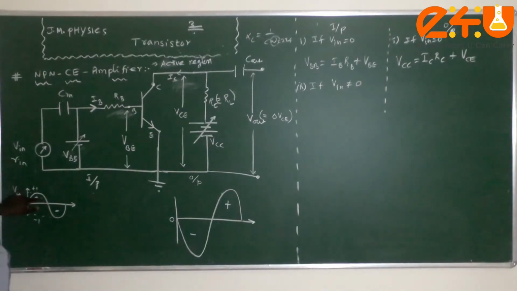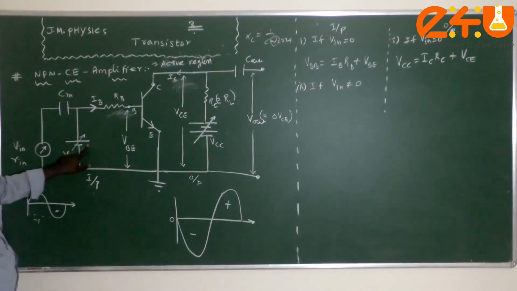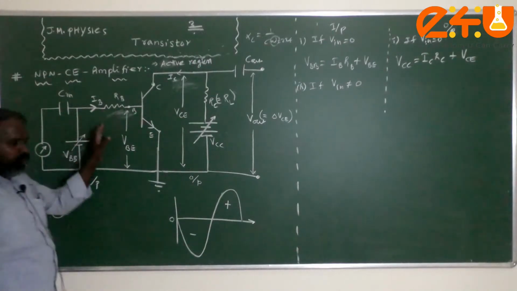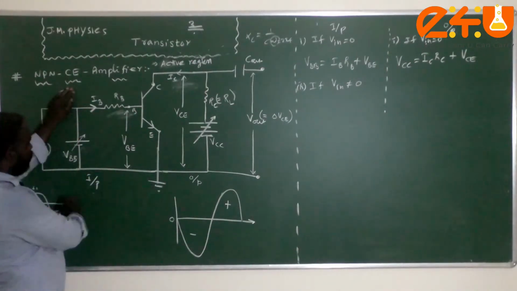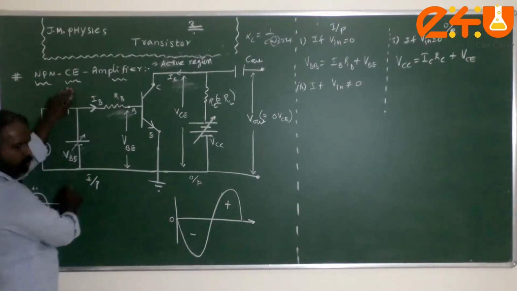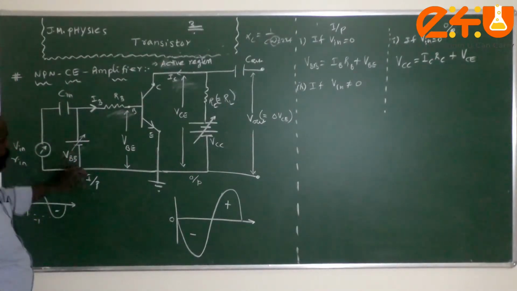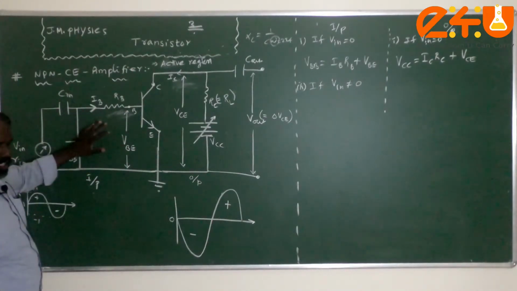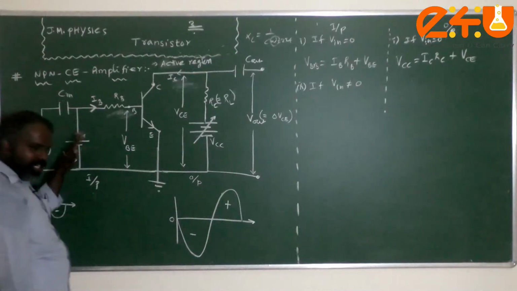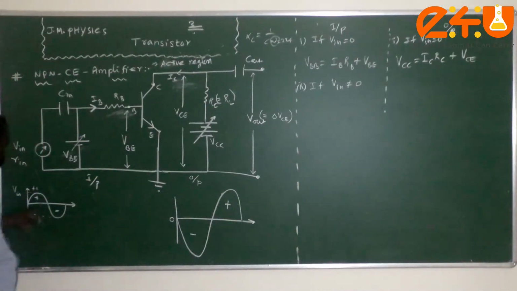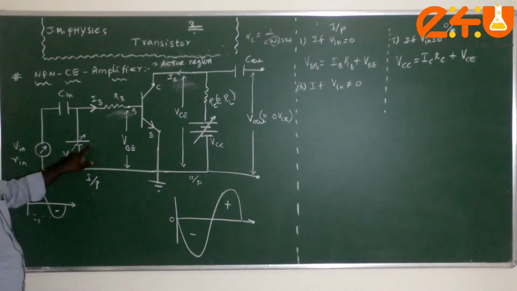During the first half cycle, what will happen? This is the positive potential, here also positive potential, for example plus 10 volt. So plus 10 plus 1, that is 11 volt. Previously, when Vin is 0, it is 10 volt only. Once the input signal is added, the biasing voltage does not stay constant.